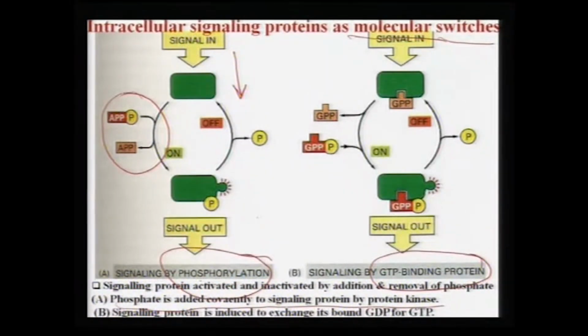So, what you have to understand here is that unless it receives the signal, this reaction from APP P to APP cannot take place. So, this is on, and once this is off, that means it goes back to its original position. Now, when it is off, the signal has gone out of the cell. Okay. So, at that time this reaction cannot take place.